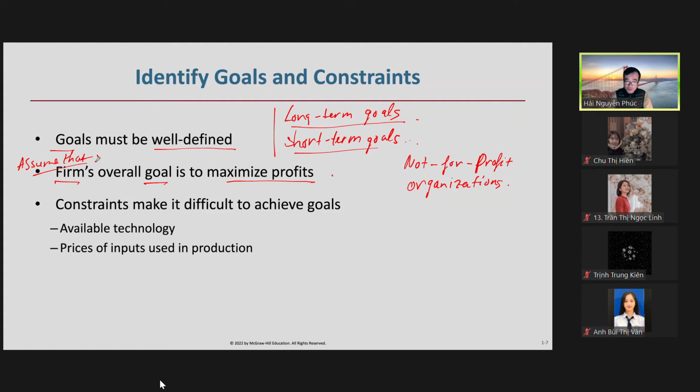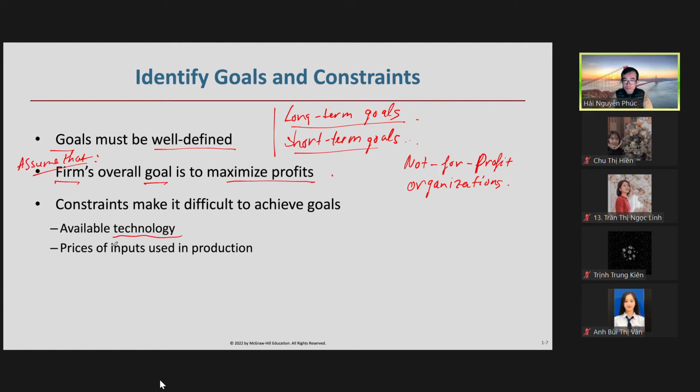What are the constraints for the firms to achieve the goal? First of all, of course, there are various constraints, but here are some examples. The availability of technology, and the price of inputs that they use in production. And of course, there might be a constraint like a financial constraint, access to credit, and so on.